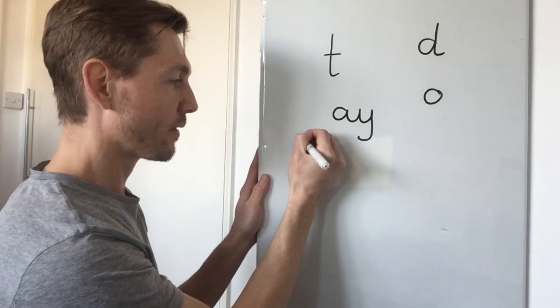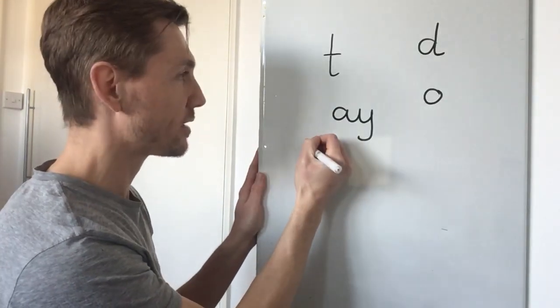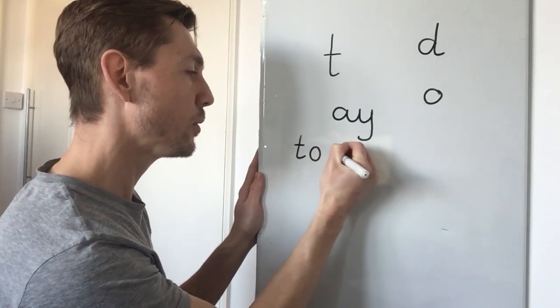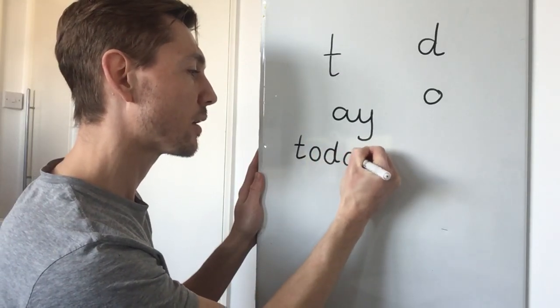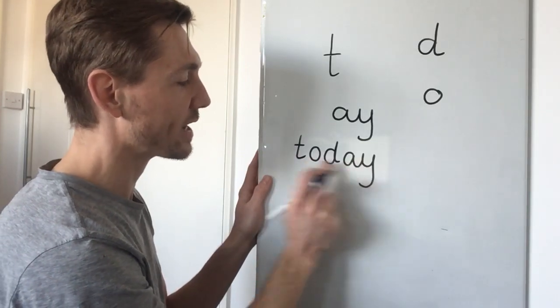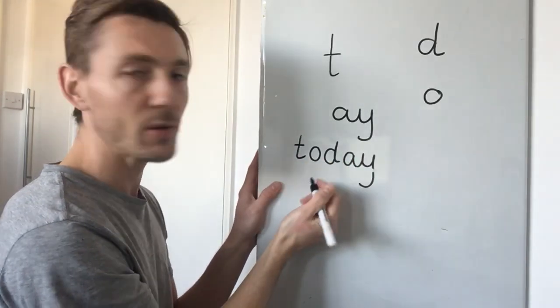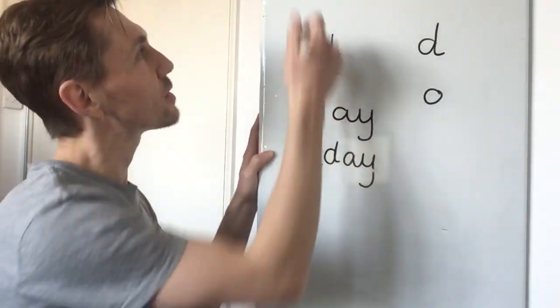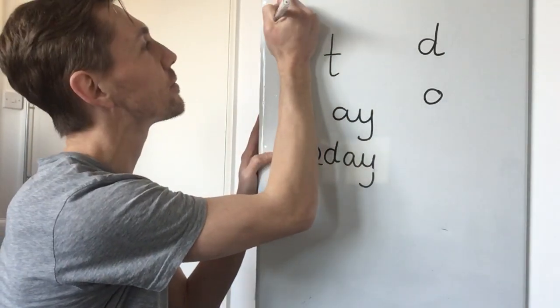I say the sounds as I write the word, and then I say the sounds as I read them. T, oo, d, a. Today. And that oo spelling obviously is the O spelling of oo there, isn't it? So we'll put that up here on the list.